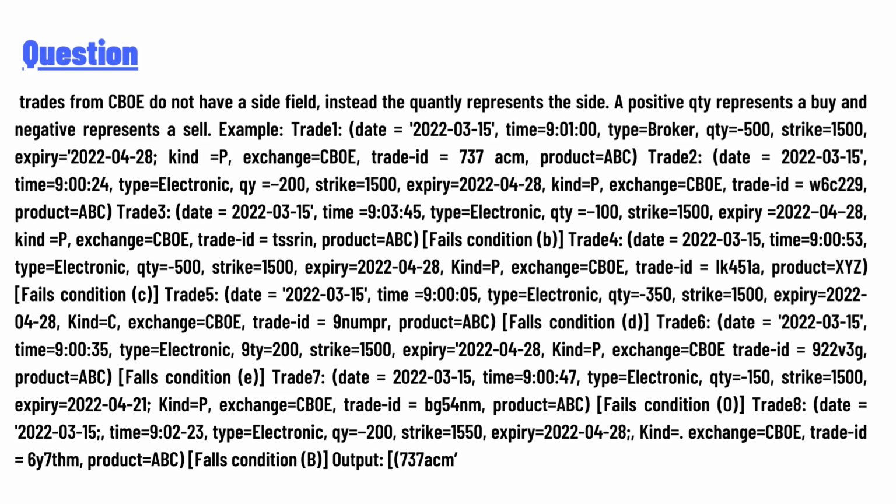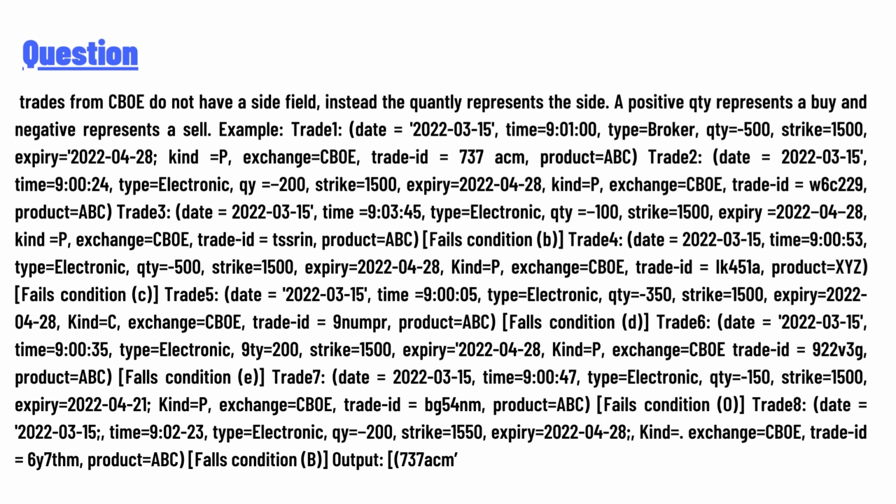Trade 6, date 2022-03-15, time 9:35, type electronic, QTY 200, strike 1500, expiry 2022-04-28, kind P, exchange CBOE, trade ID 922V3G, product ABC, first condition. Trade 7, date 2022-03-15, time 9:47, type electronic, QTY minus 150, strike 1500, expiry 2022-04-21, kind P, exchange CBOE, trade ID BG54, product ABC.